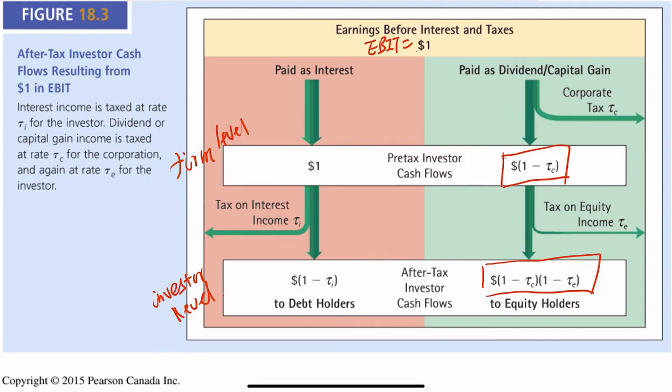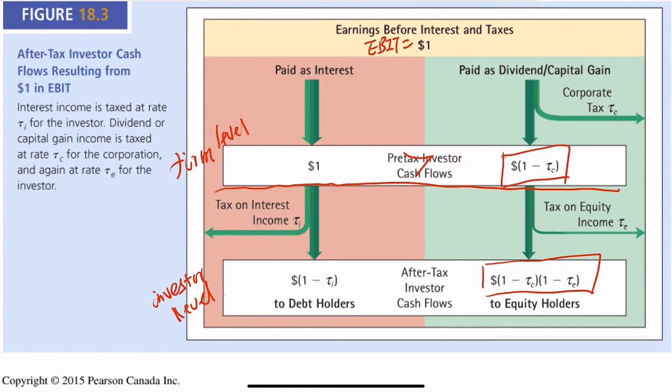Now, you can see what is happening here, right? First, at the firm level, debt, simply from the perspective of tax, is always preferred, right? Because 1 is always larger than 1 minus TC. But at the individual level, this could be different.